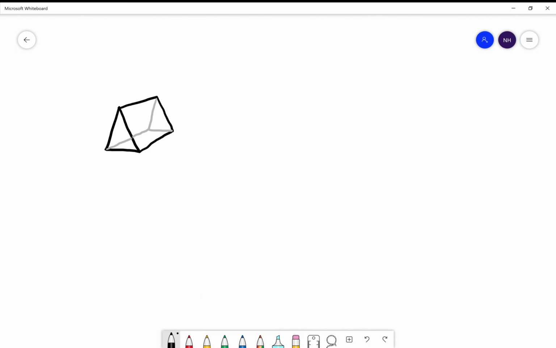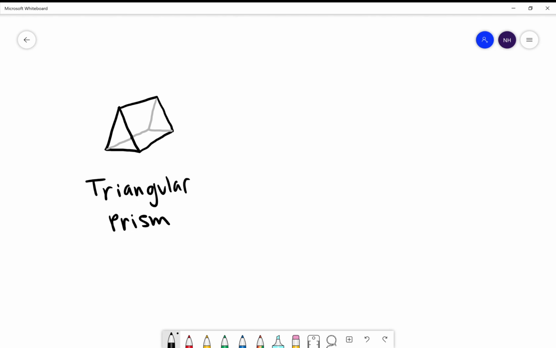And since I just like to make it look transparent, I color in the little black. So that's how you draw the triangular prism.